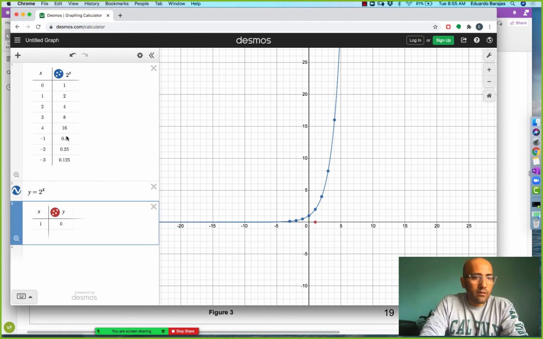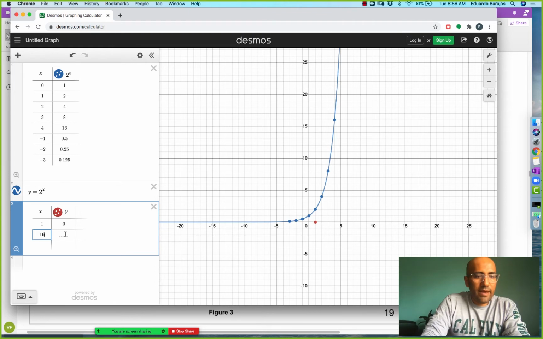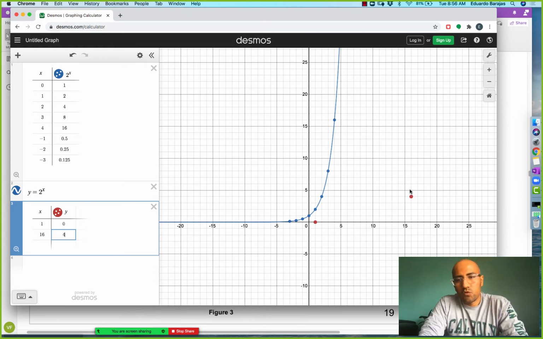Let's try another one. Going backwards, we know that 16 should map back to 4. So if this function maps the 4 over to the 16, the inverse function that will undo this process should map 16 back to 4. So when we input a 16, we should get a 4. We get that dot.